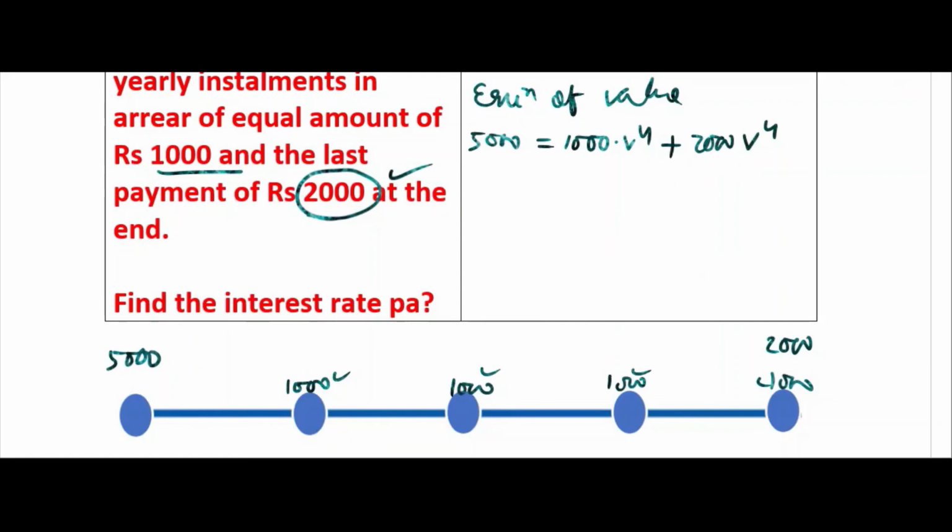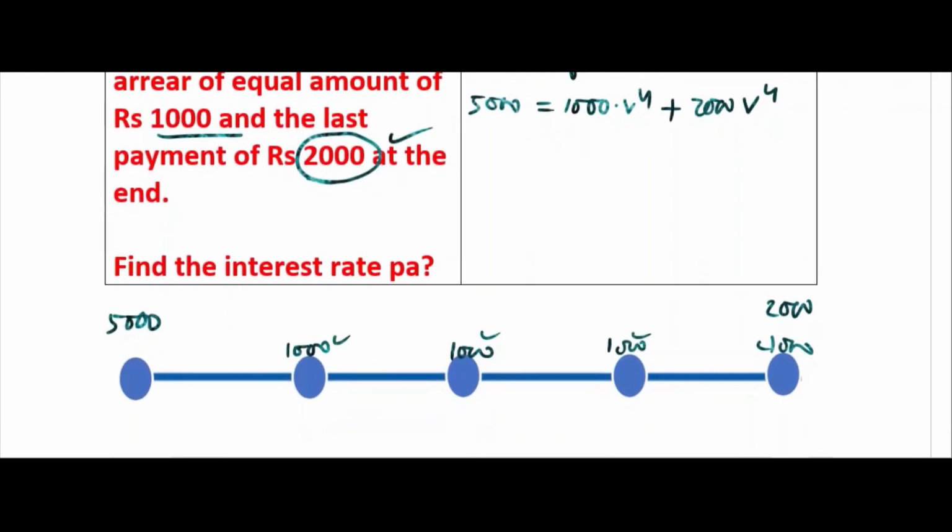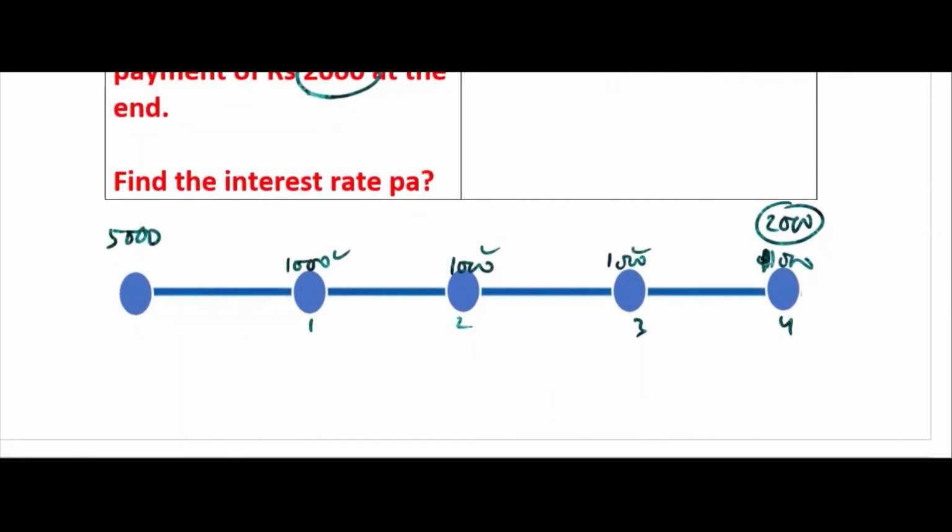Again you have to find a rough guess, but I will not take 2.5 now here because there is a different payment. I have to take a weighted average. So if this is 1, this is 2, this is 3, this is 4, for the rough guess I will write this way, weighted average.